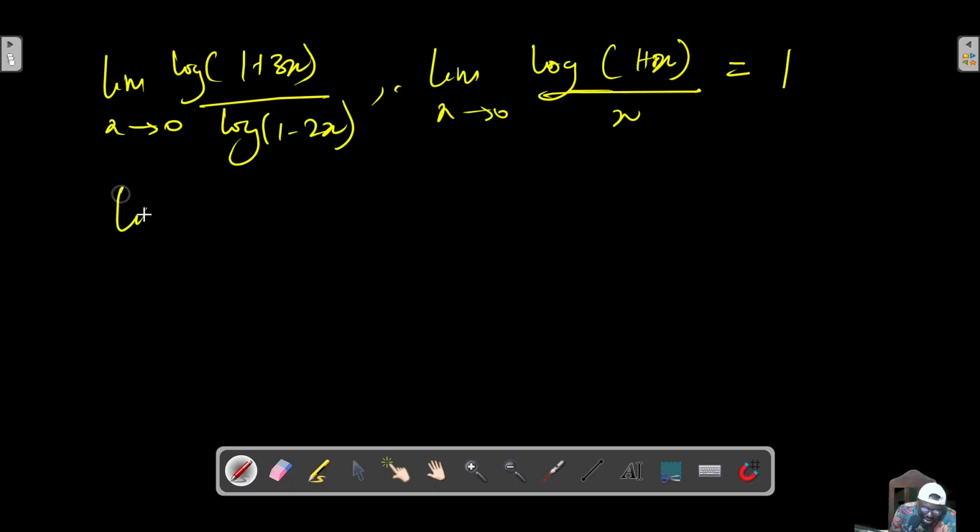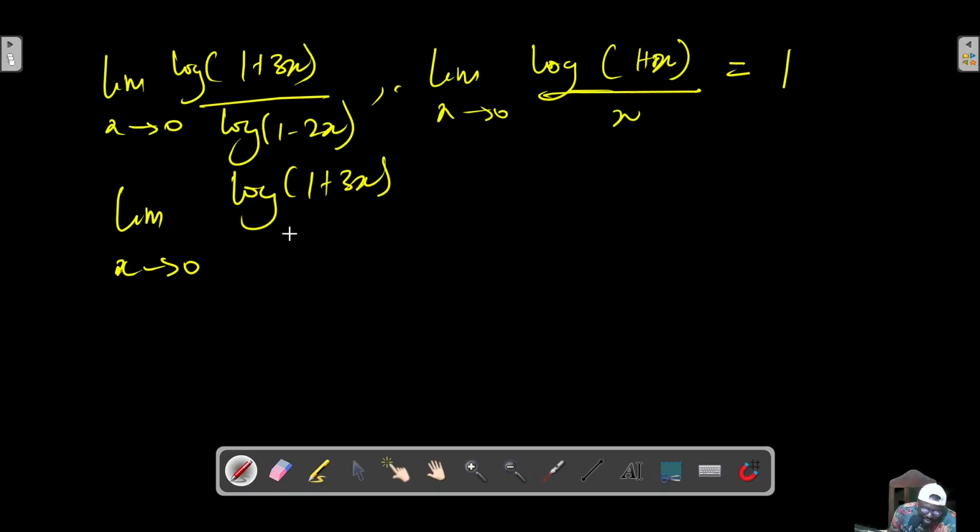So this is what I will do. Since I have 3x here and the standard limit I can use is this, I want to manipulate this logarithmic expression for it to look like my standard.